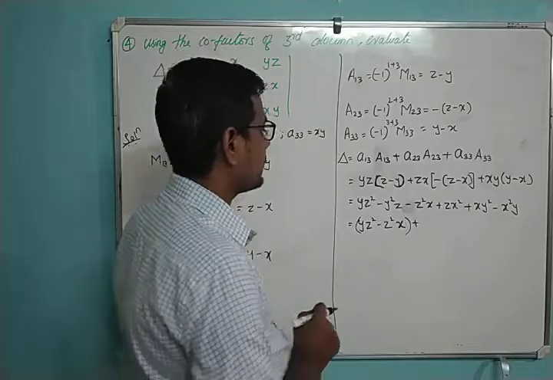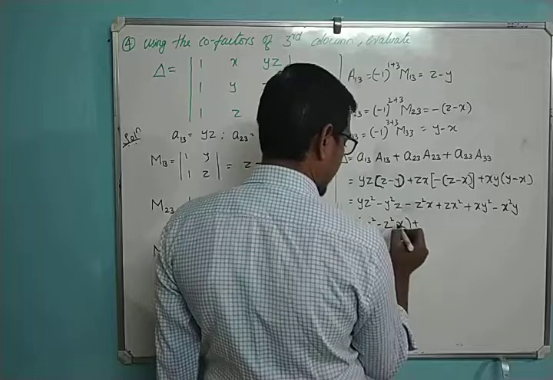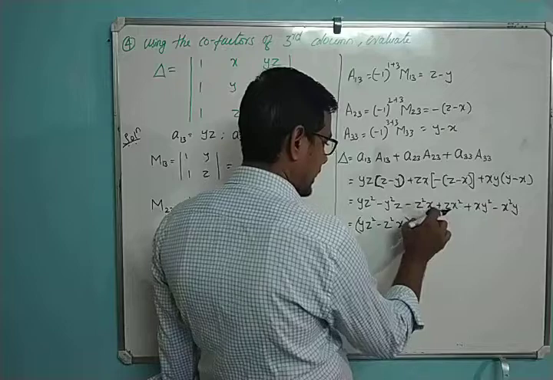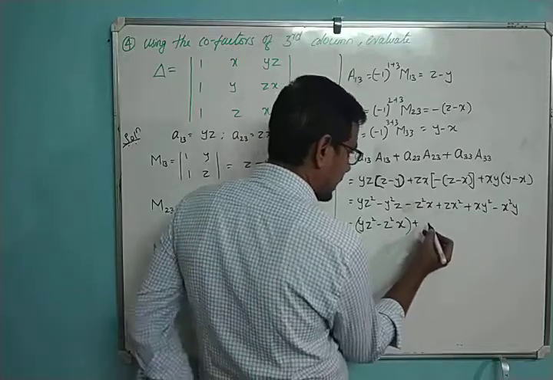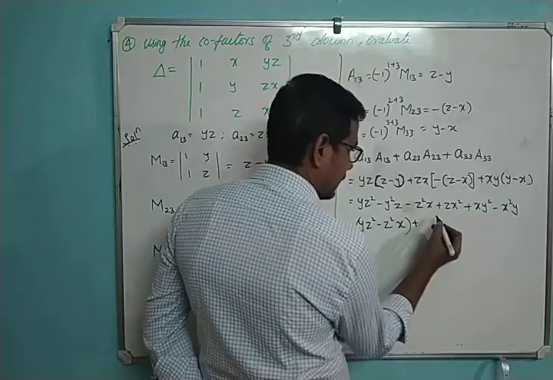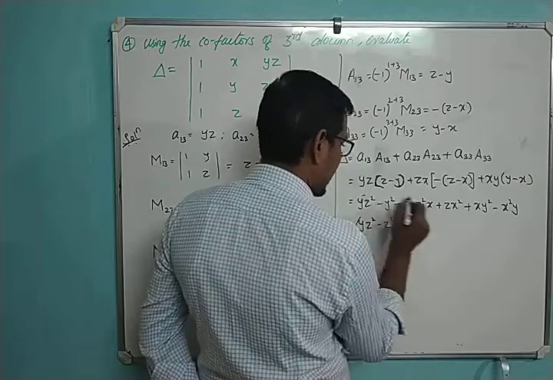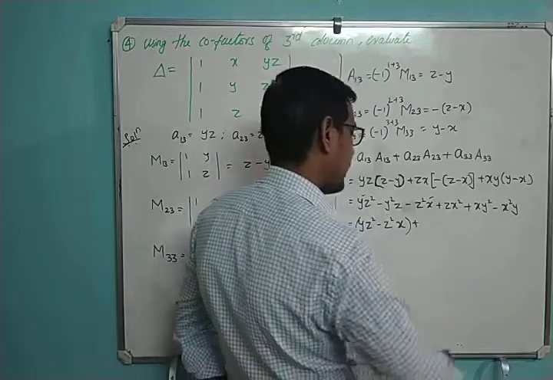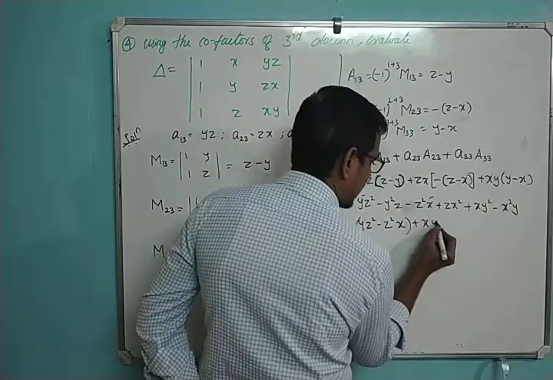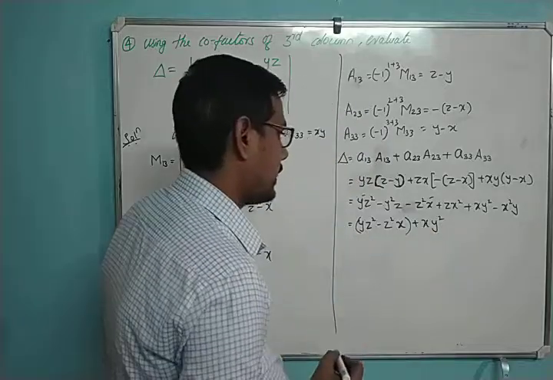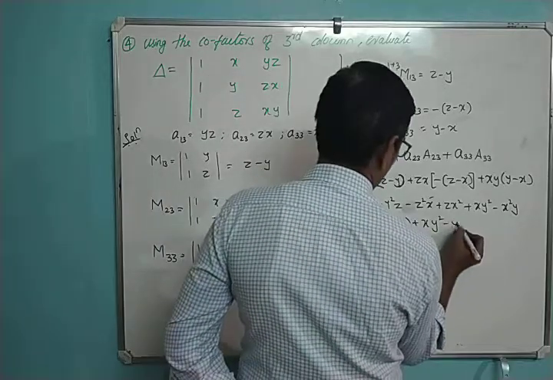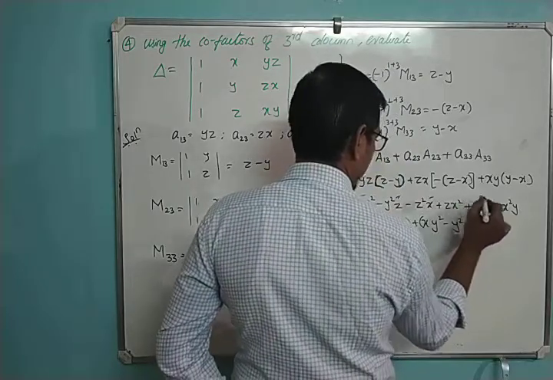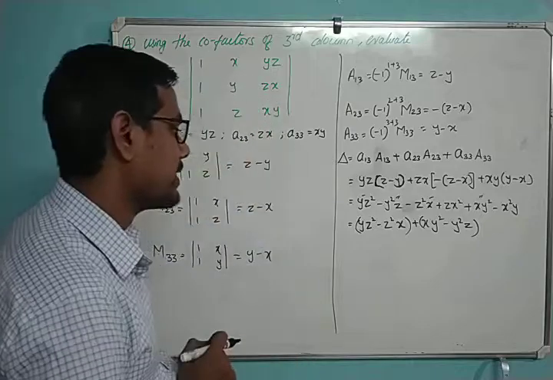Right. Then, so what all things come? Y square Z minus Z square X. Y square Z minus Z square X is gone, plus, see, this one and this one is gone. Right. So we have ZY square, and I can write XY square minus Y square Z. So this one and this one is gone. XY square minus Y square Z.